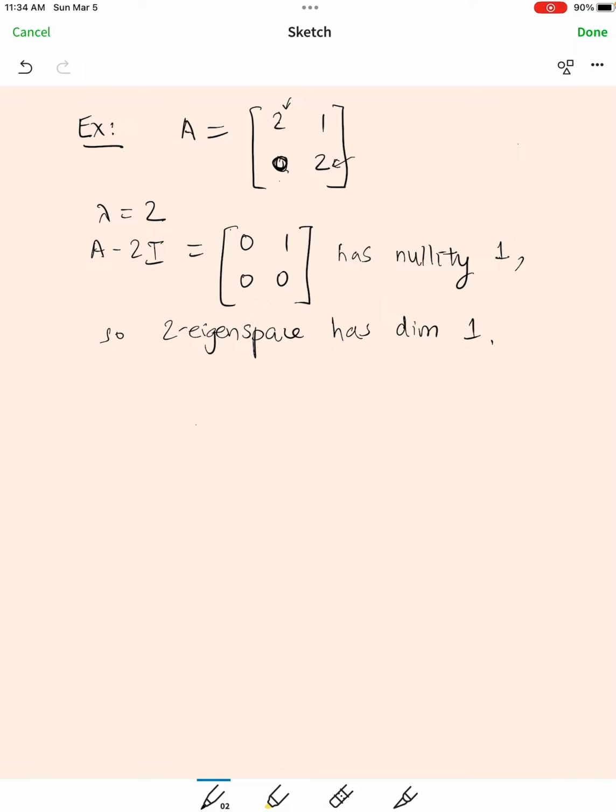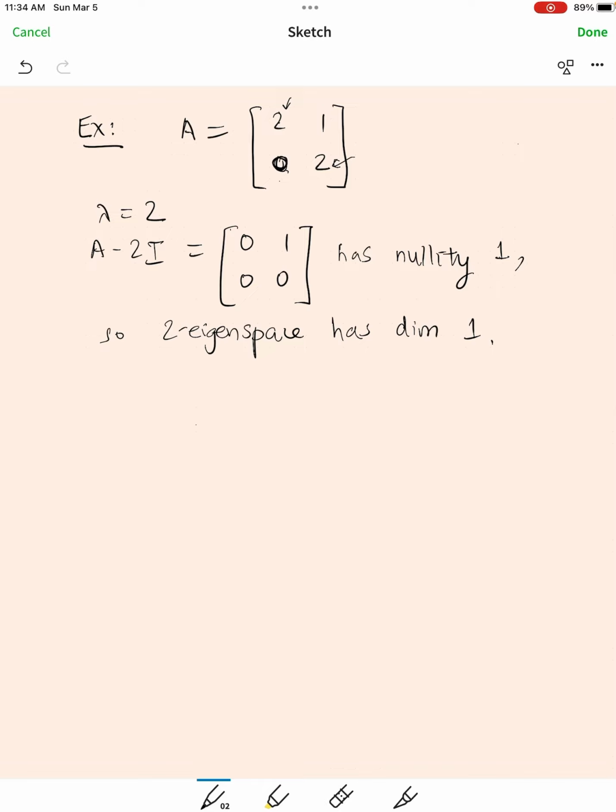And if you think about it, this example is so small, it's just a 2 by 2 example. Another way to think about it, without even doing any computations, is that there's only one eigenvalue, 2. So in order for A to be diagonalizable, right, you need 2 linearly independent eigenvectors. But you're in R2, and how can you have 2 linearly independent vectors that get scaled by a factor of 2?